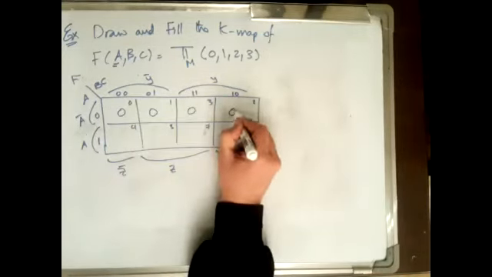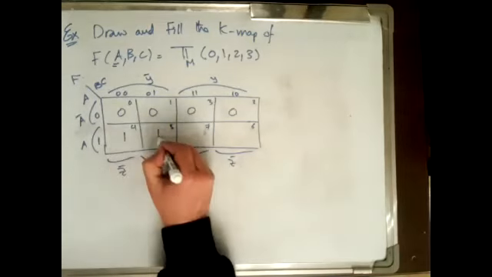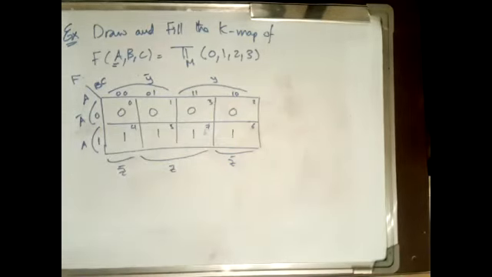So basically the rest are ones. Regardless of how you think about it, it is the same approach, whether you are working with the zeros or with the ones. So that's it for the example.